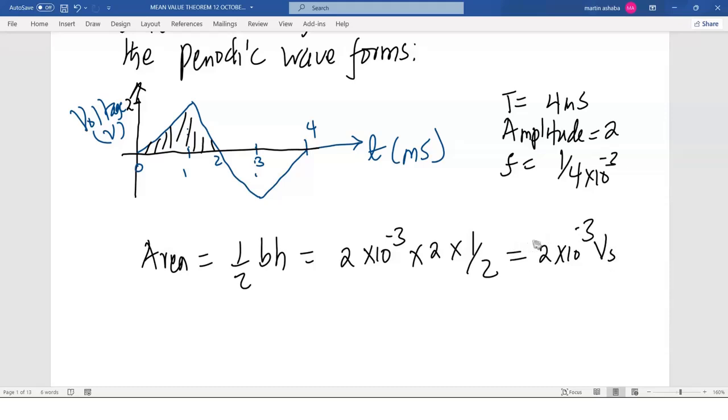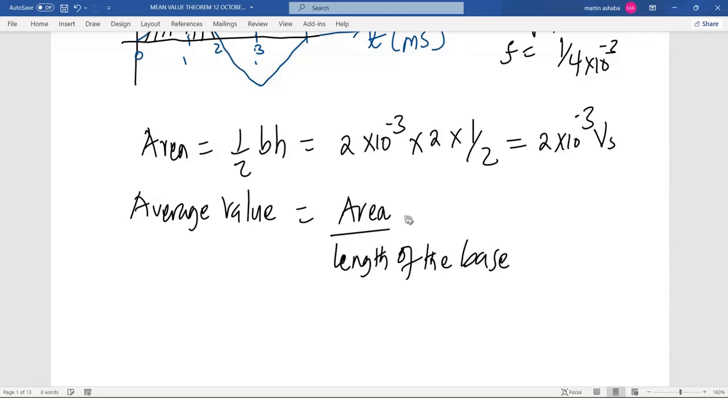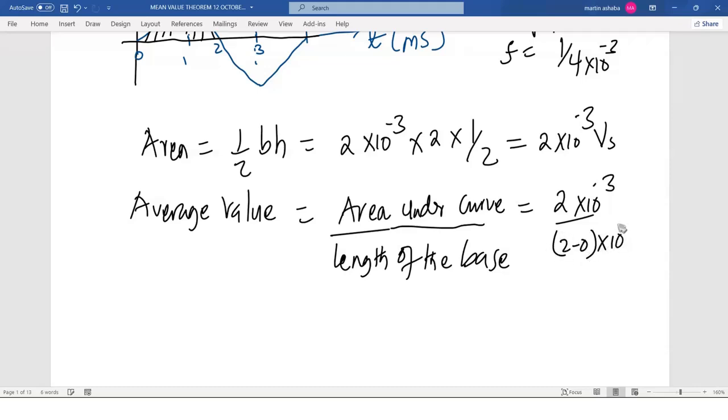Yes. So if that is the case, let's look at the average. So what is the average? Average value will be area under the curve divided by length of the base. The length of the base is 2 minus 0, so 2 times 10 power negative 3 divided by 2 minus 0 times 10 power negative 3, because that length or base is also in milliseconds.